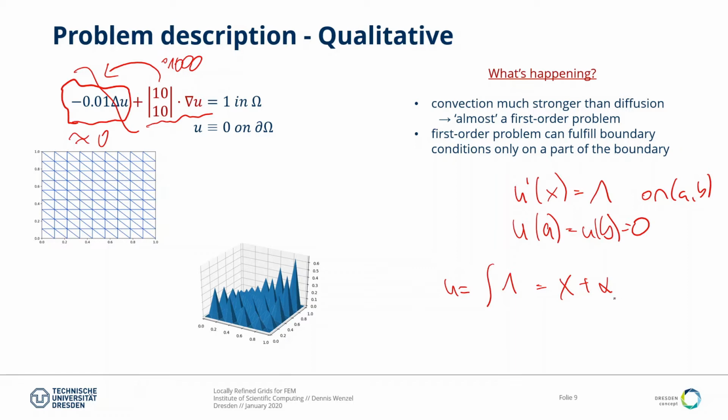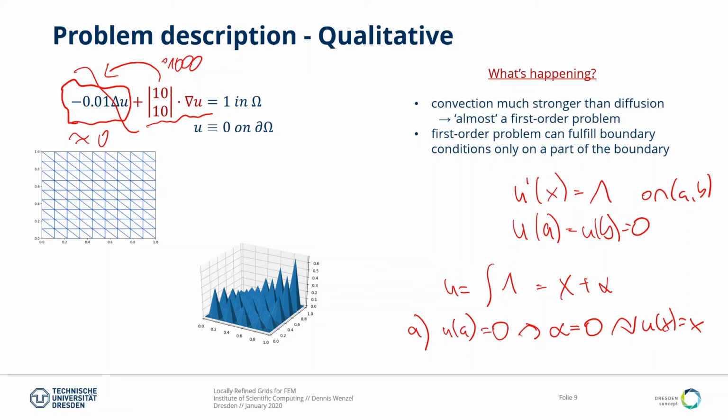And here's the important part. It's just one constant. So if I want to fulfill a boundary condition on one of those two sides, I can definitely do that. Let's say I only want the boundary condition on my left side, so u of a equals 0.